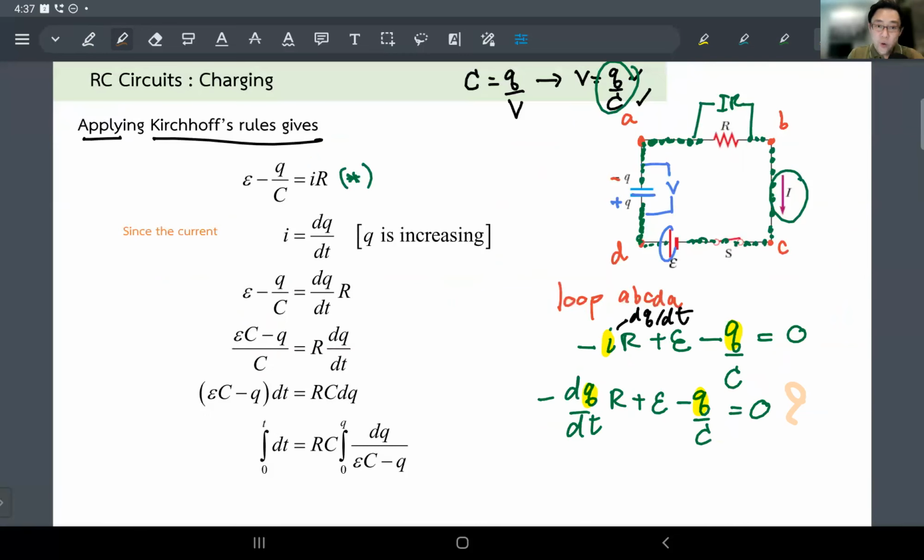The technique we're going to use is not a full technique or anything; you just do the separation of variables. You separate the variables into two sides, and then things start to show up. So what are those two variables?